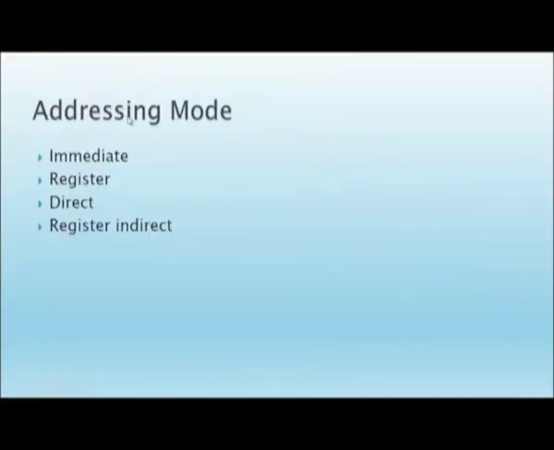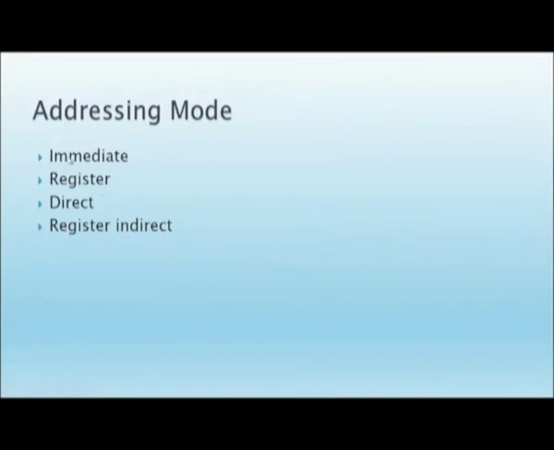So, the addressing mode defines the various specifications of operands in the given instruction. Basically it has 4 types of addressing modes: immediate addressing mode, register addressing mode, direct addressing mode and register indirect addressing mode. Based on the name itself you can get some understanding.